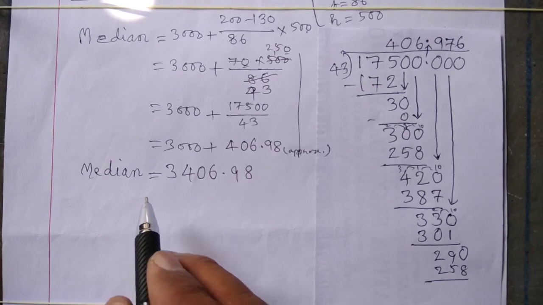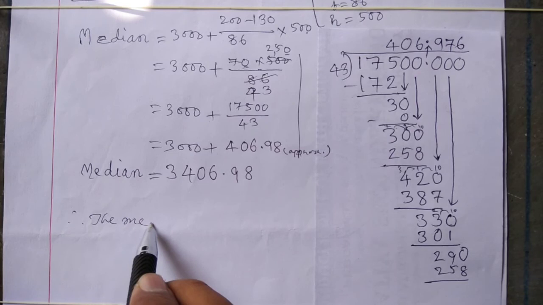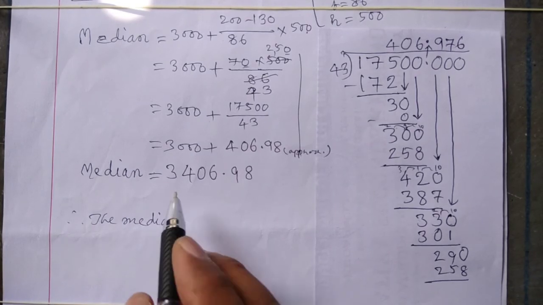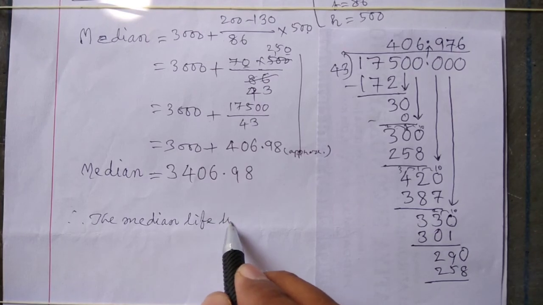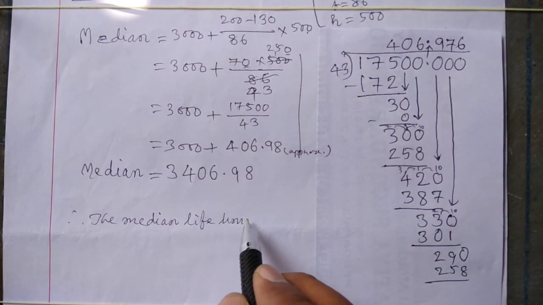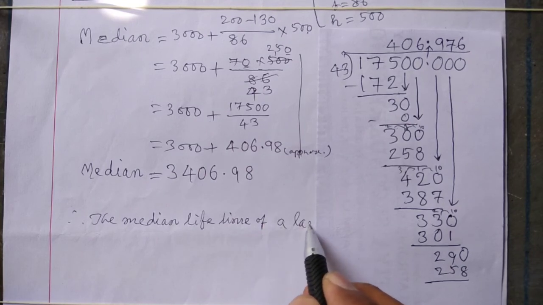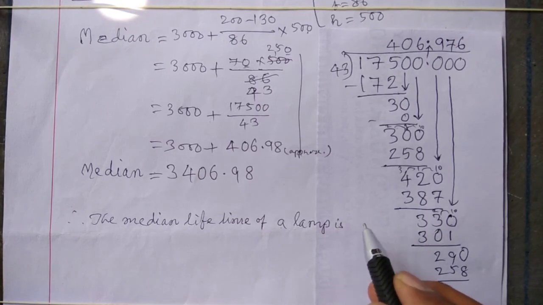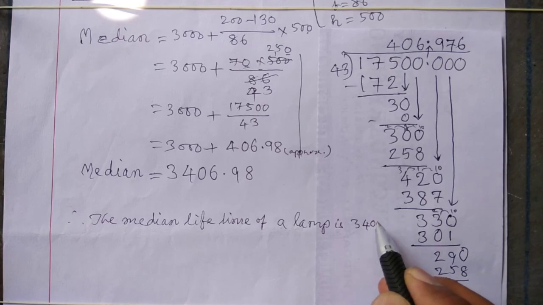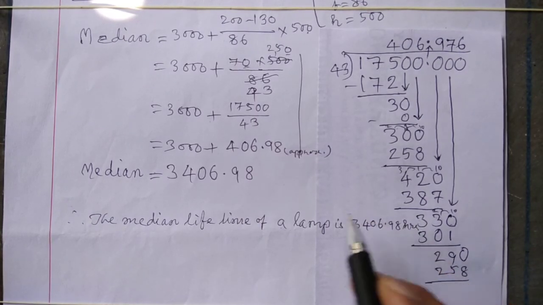Therefore the median lifetime of a lamp is 3406.98 hours. So this is the answer.